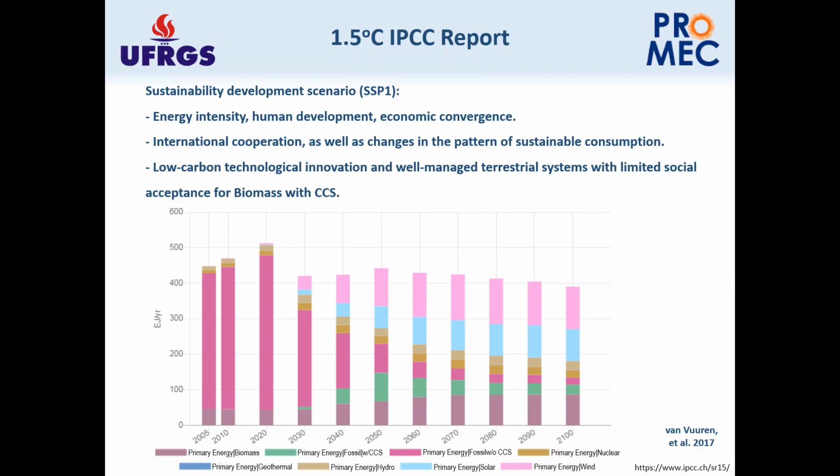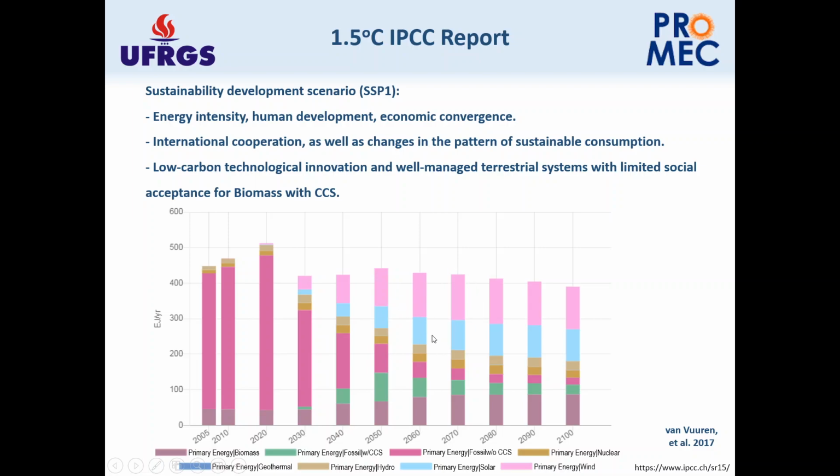These are the results from the IPCC reports. For example, in the sustainable development scenario, SSP1, you have energy integrity, people development, economic convergence. So it's the ideal scenario where everyone goes sustainable, and in the energy supply, for example, fossil fuels reduce very rapidly, biomass increases. You have an increase in wind power.